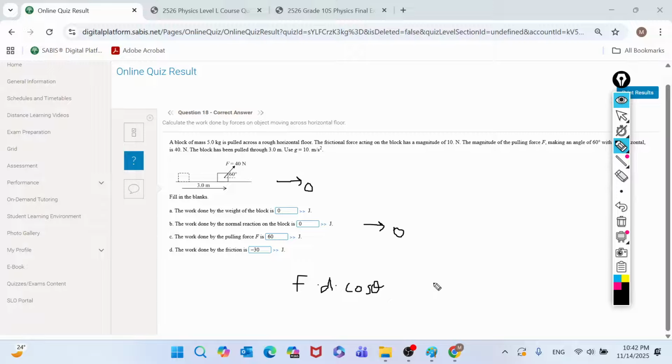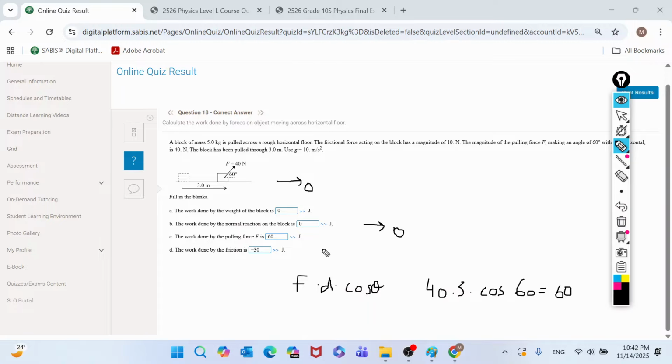Okay, here it's gonna be 40 times 3 times cosine 60, which is equal to 60.